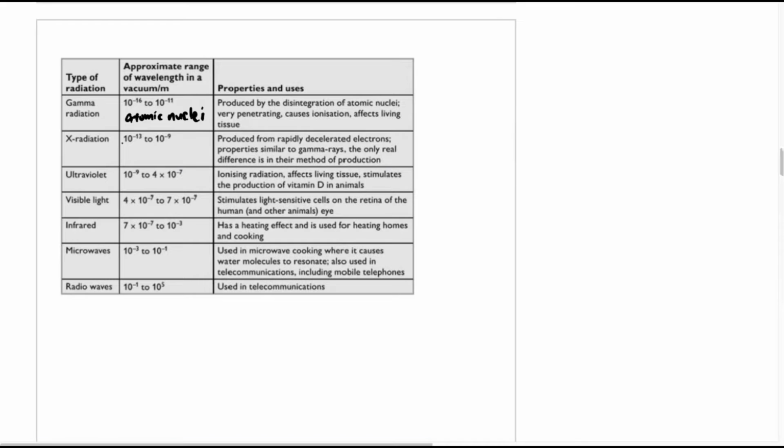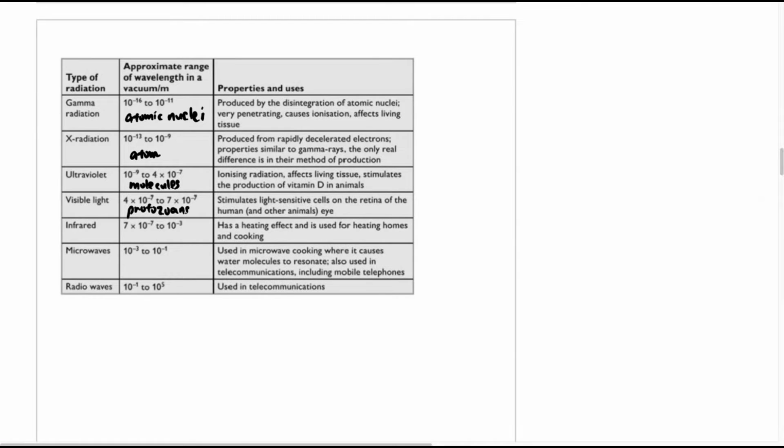X-ray, 10 to the power negative 13 to 10 to the power negative 9. This is about the size of an atom. Ultraviolet, 10 to the power negative 9 to 4 times 10 to the power of negative 7. So this is about the size of a molecule. Visible light is about the size of a protozoan.